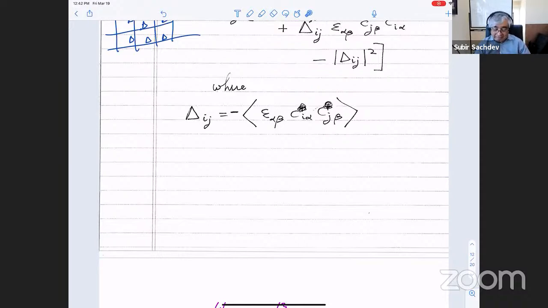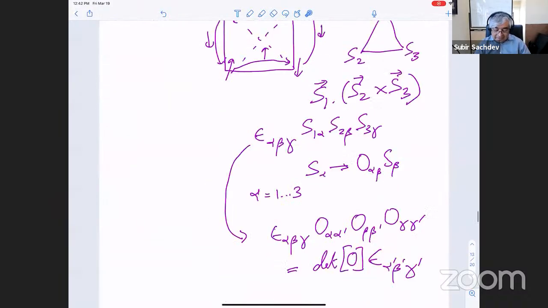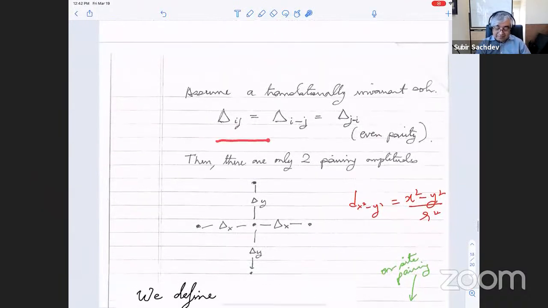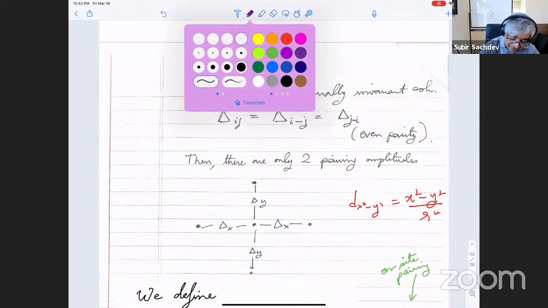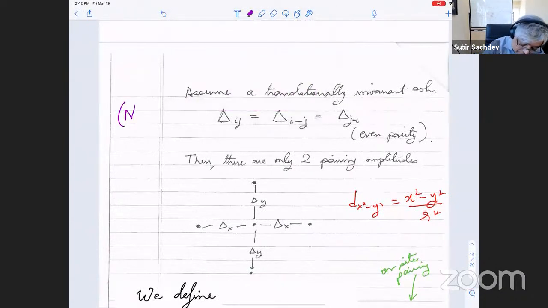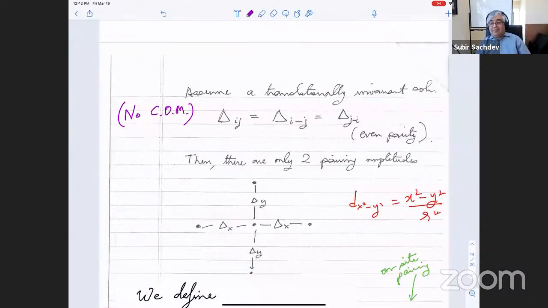That's what we said in the BCS theory. In the present theory, this is exactly the same statement in lattice terms: no center of mass momentum. Things only depend on I minus j, on the relative coordinate, not the center of mass coordinate.